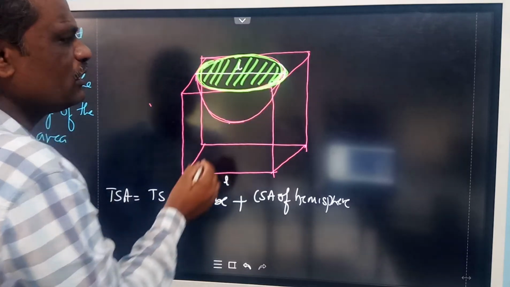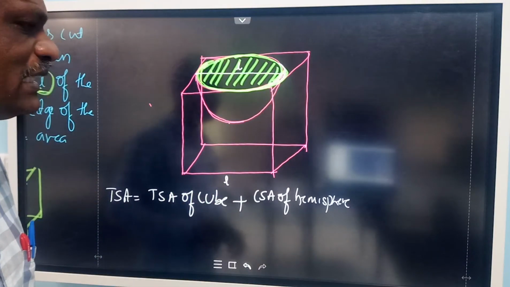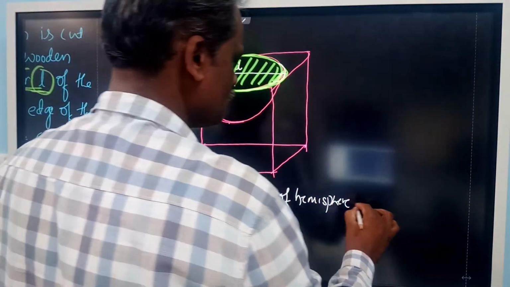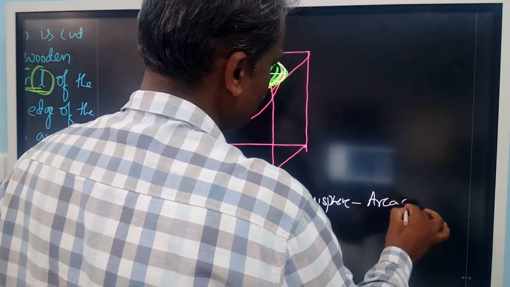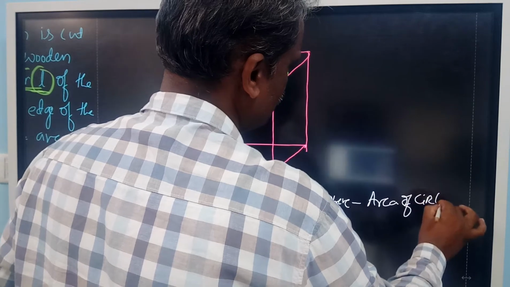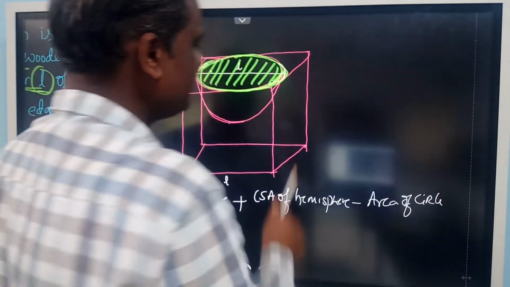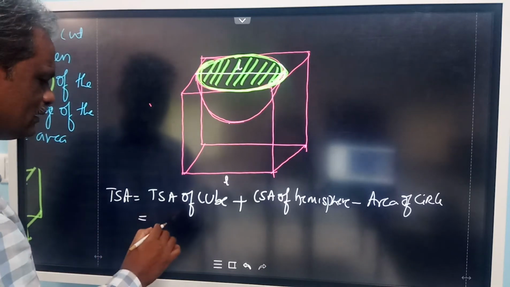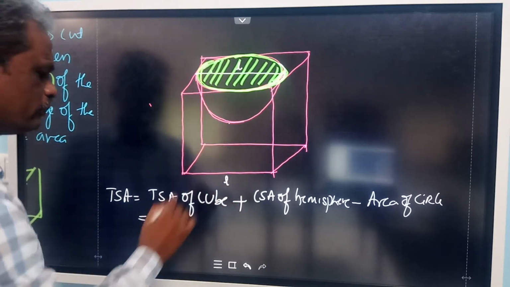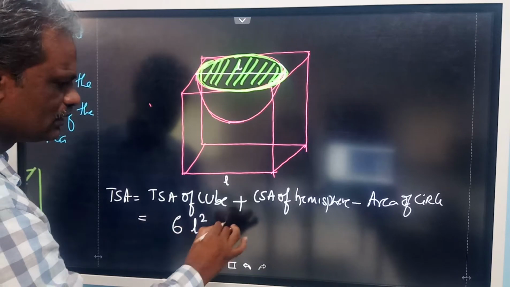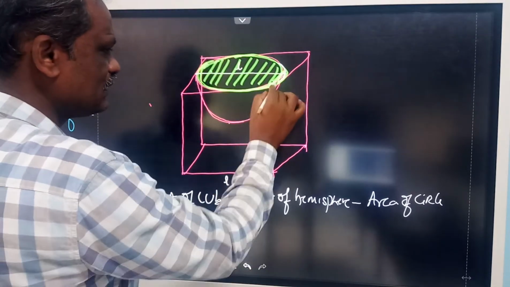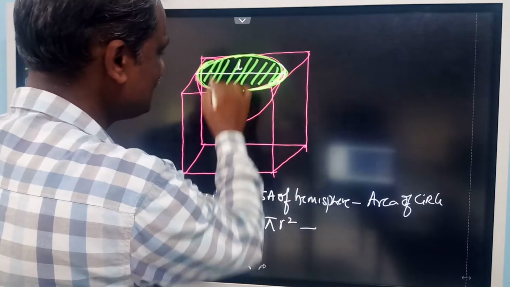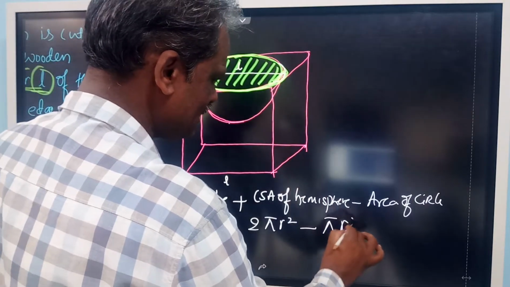So what you have to subtract, as we did in the previous example, is the area of the circle on the top. Now you can write the formula: total surface area of the cube is 6L square, plus the curved surface area of the hemisphere, 2 pi r square, then minus one circle, that is pi r square.